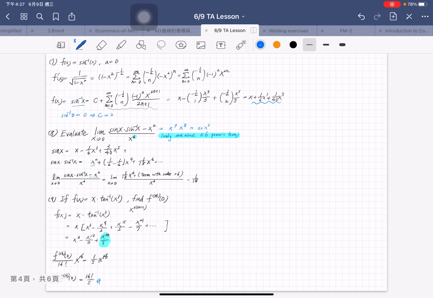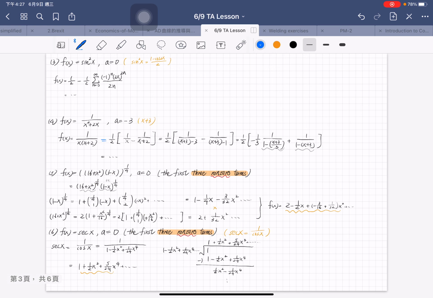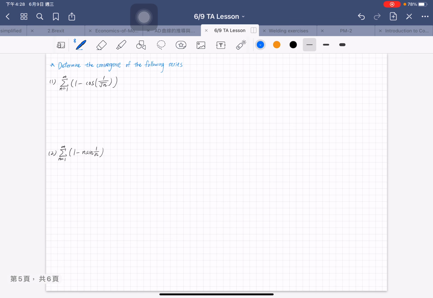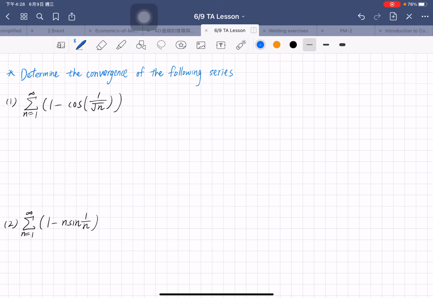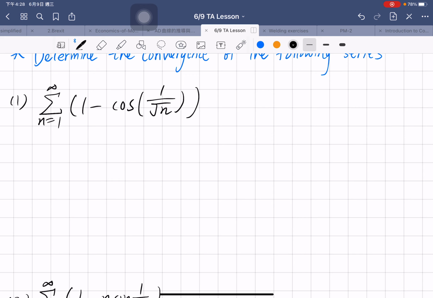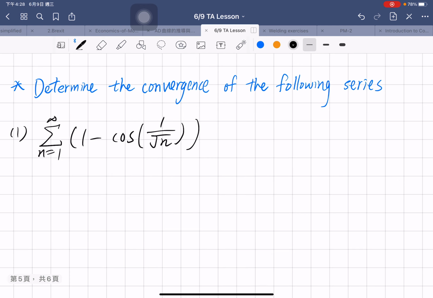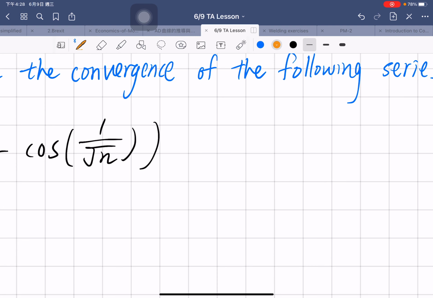Okay, so now we have done part of the expansion, and the second part will be how to use the Taylor expansion or Maclaurin expansion to do our convergence test. When we want to determine the convergence of the first series, this will be the summation of 1 minus cosine. So what we think about is cosine x.